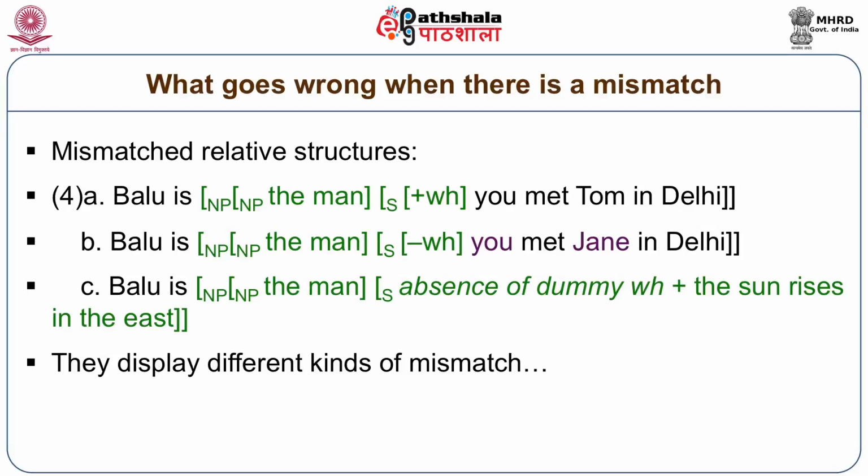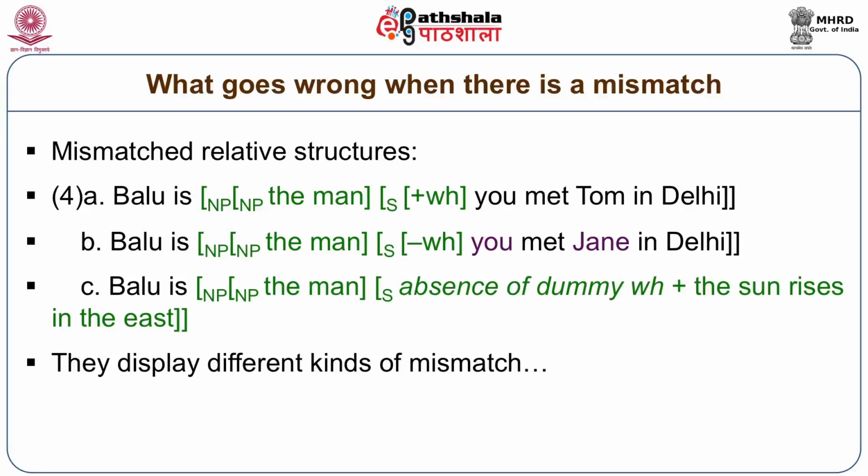In this derivation, "Balu is the man minus WH, you met Jane in Delhi," the fact that there's a minus WH in the sentence which remains unutilized is a problem with our technical gadgetry. Since the insertion of that device is optional, you will also get a derivation "Balu is the man, you met Jane in Delhi" without the minus WH, where that technical gadgetry problem does not arise. So that is not the reason why that derivation needs to be filtered out.